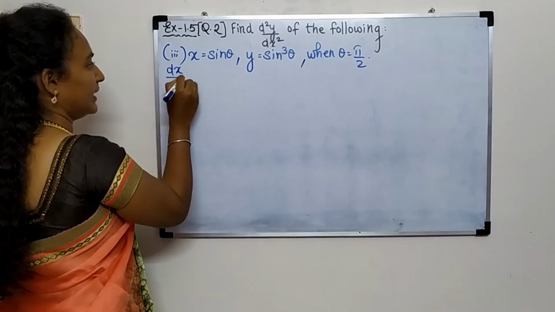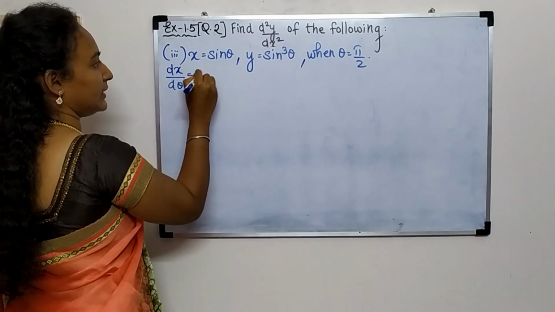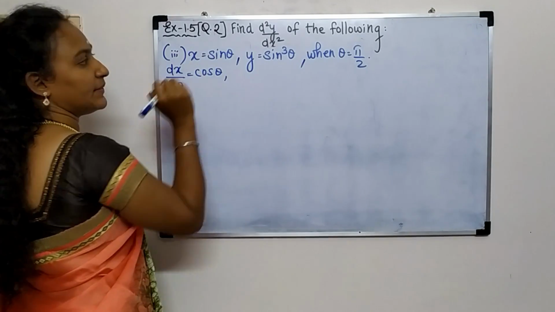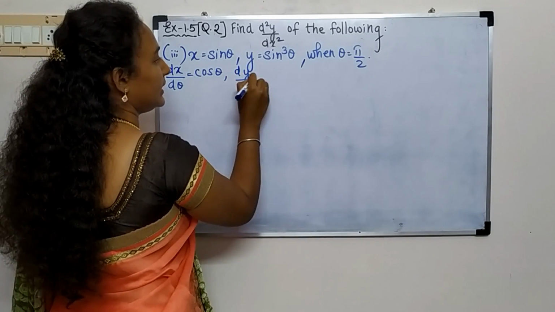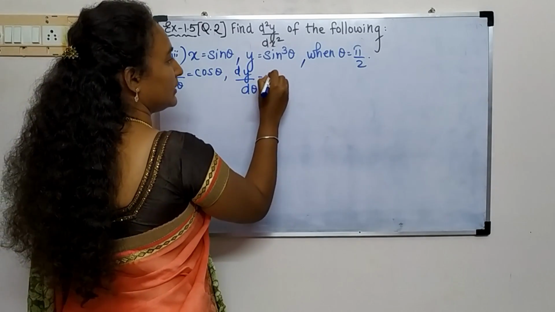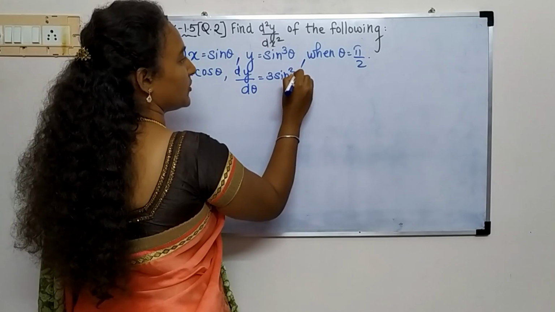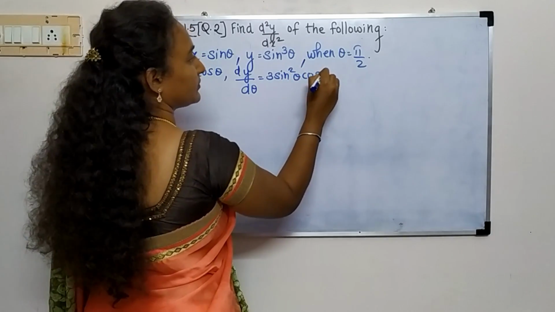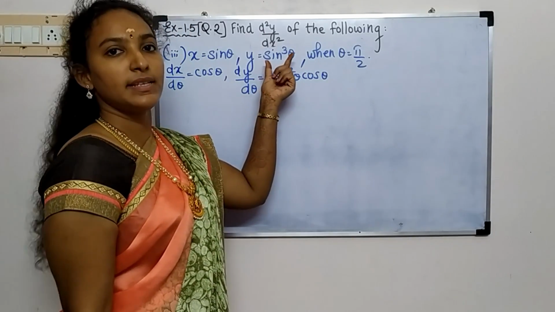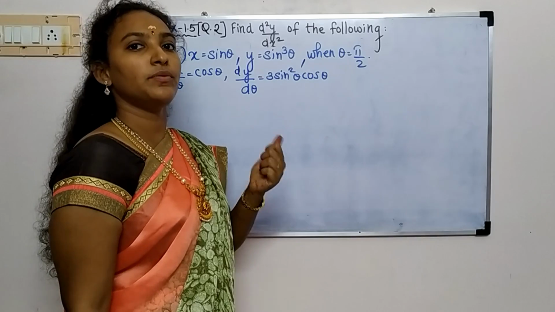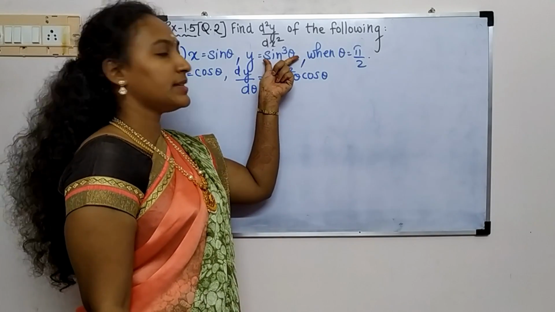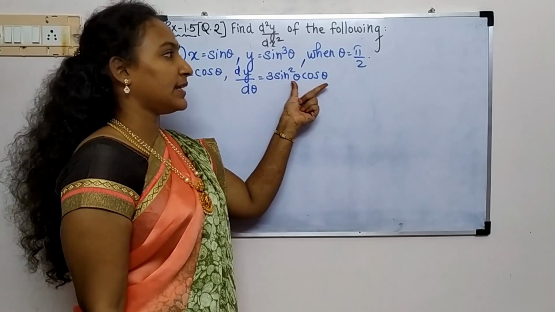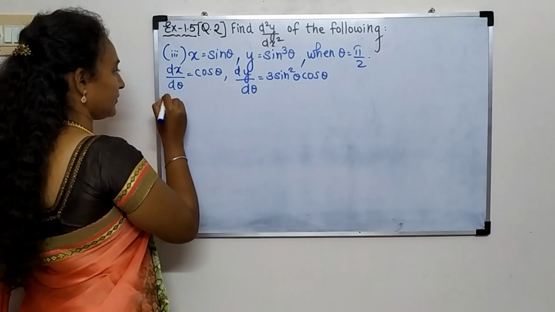So dx by d theta is cos theta, derivative of sin theta is cos theta, and dy by d theta is 3 sin square theta cos theta. This can be considered as x cube. So derivative of x cube is 3x square.